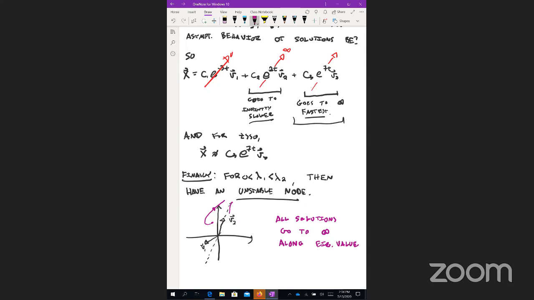All solutions go to infinity along the eigenvector corresponding to the largest eigenvalue.